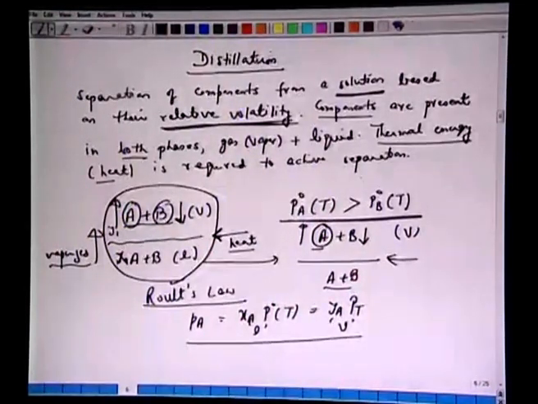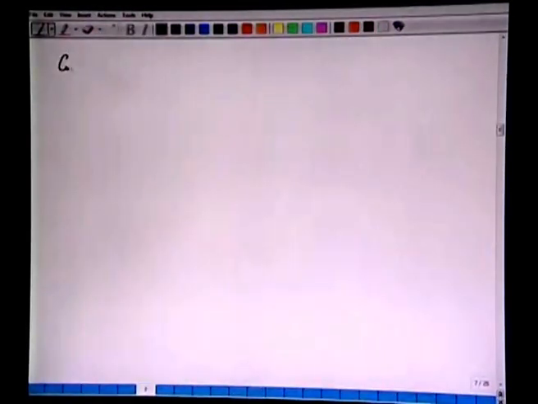So, these are the features of distillation here. Relative volatility, separation is possible, but we have both A plus B present in the vapor and the liquid phase. One phase becomes richer in one component which has a higher vapor pressure than the others, and heat is required here.